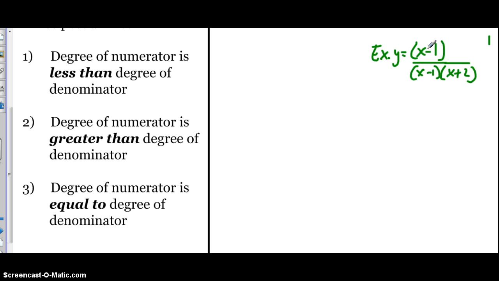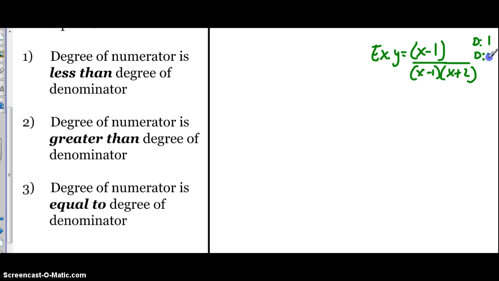In the denominator, we would have to multiply it out to see the degree, and in this case it would be 2, because it would be x squared minus x plus 2x minus 2, so the highest exponent there would be 2.